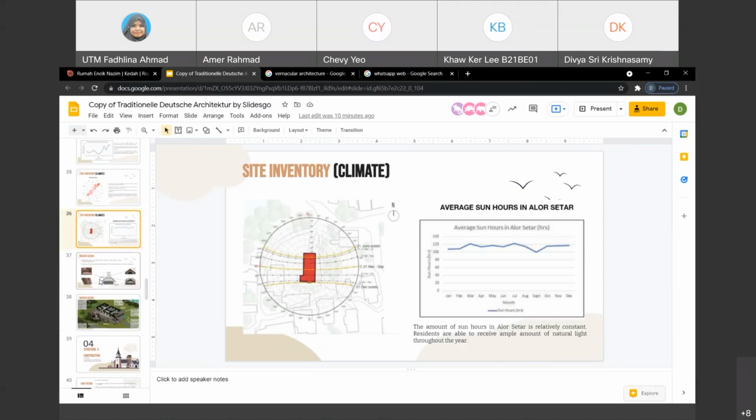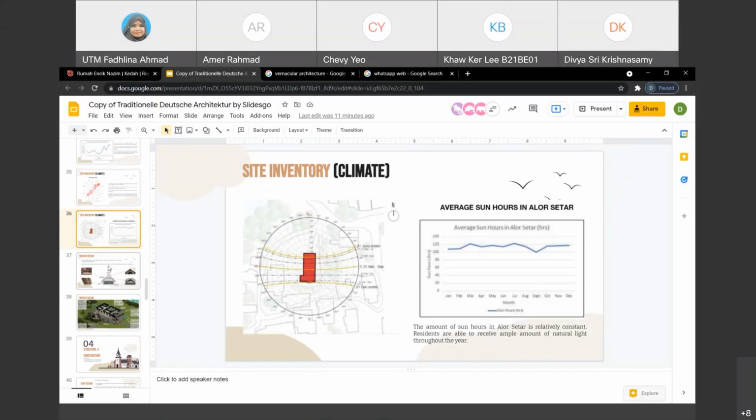So it is not good. Which year did you get this data? This one is 2019 also. Okay. That's because this house was constructed in 1960, right? So perhaps the climate has had some changes throughout the years.